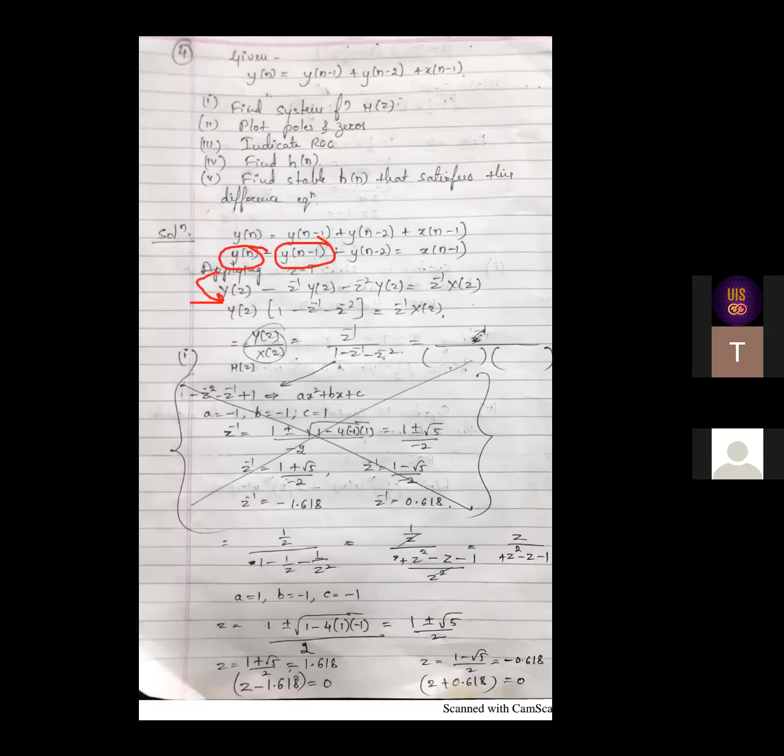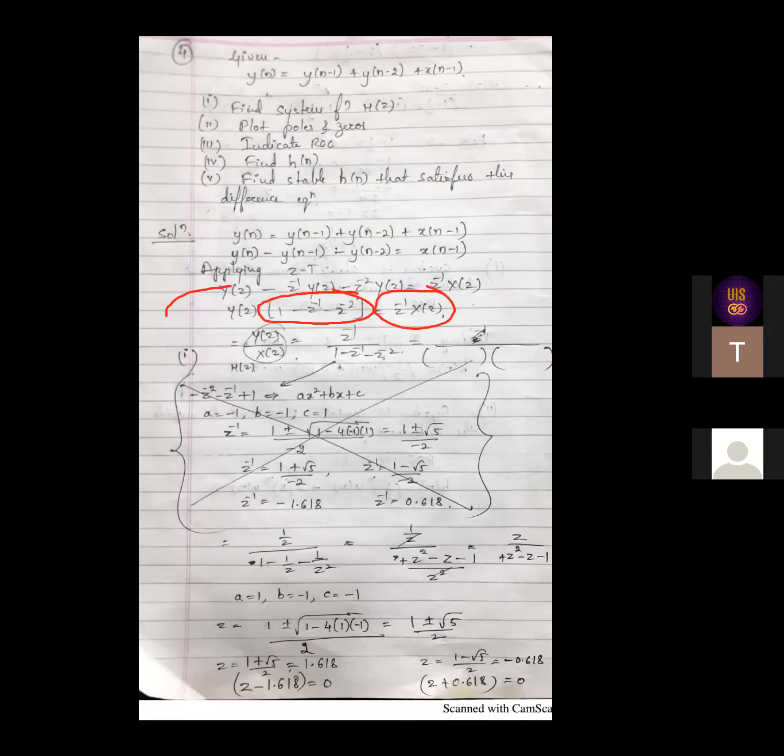For y of n minus 1, by the shifting property, your z transform gets a z power equal to the number of times shifted. Then y of n minus 2 is Y of z, z raised to minus 2, is equal to x of n minus 1. Its z transform is X of z, z raised to minus 1. After this, I have taken Y of z common in the LHS. Then you will be left with this bracket term equal to z inverse into X of z.